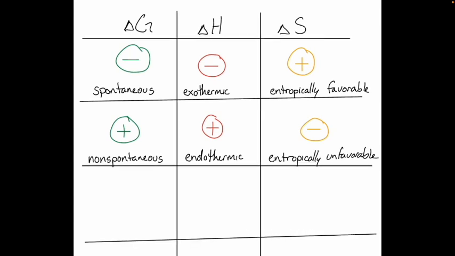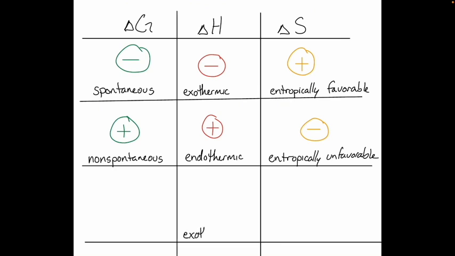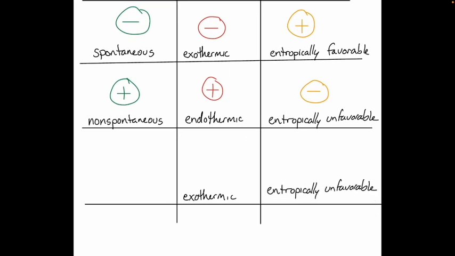So let's look at a reaction that from an enthalpy standpoint is favorable, an exothermic reaction, but from an entropy standpoint is unfavorable. All right, so I have an exothermic reaction, a negative delta H, but then an entropically unfavorable reaction, so a negative entropy, I'm sorry.